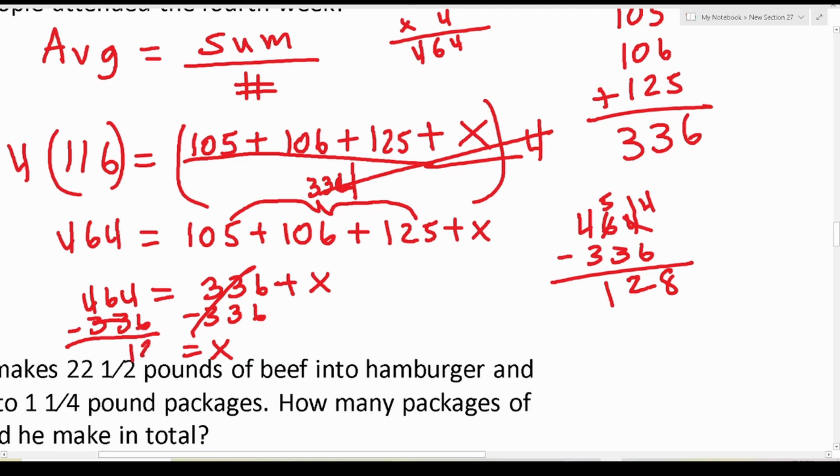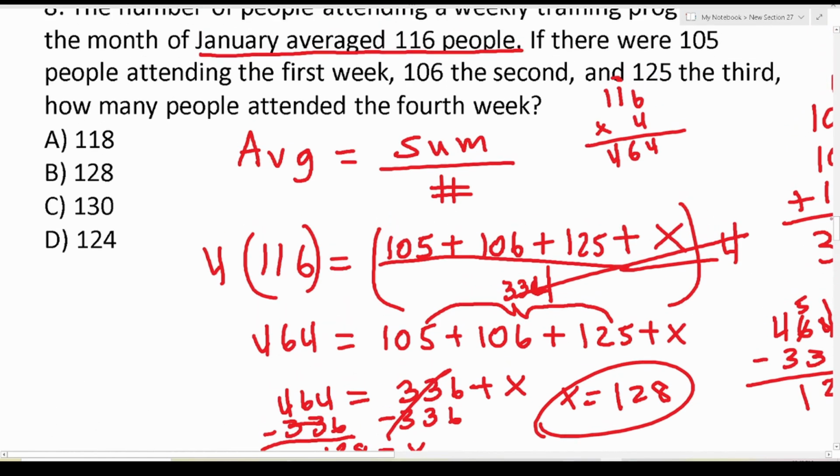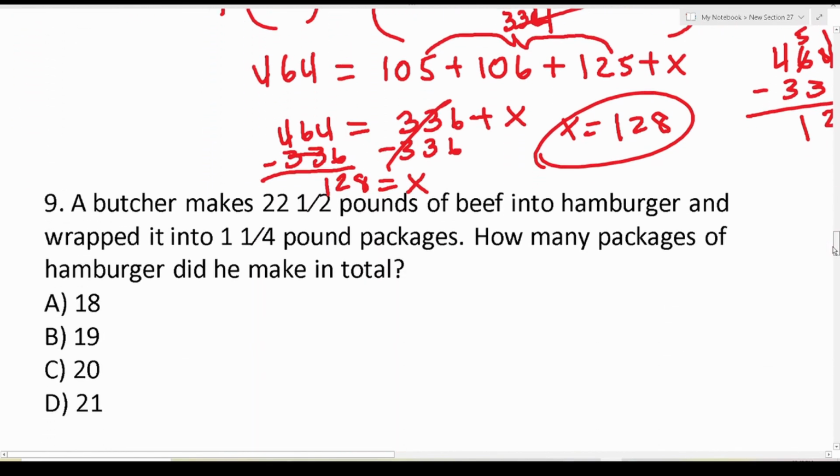So we can see x is 128. And in math, you usually write the variable for which you solved on the left. So this is x equals 128. In other words, in the 4th week of January, 128 people must have attended this conference in order for the average to have been 116. So the answer to this one is 128B.